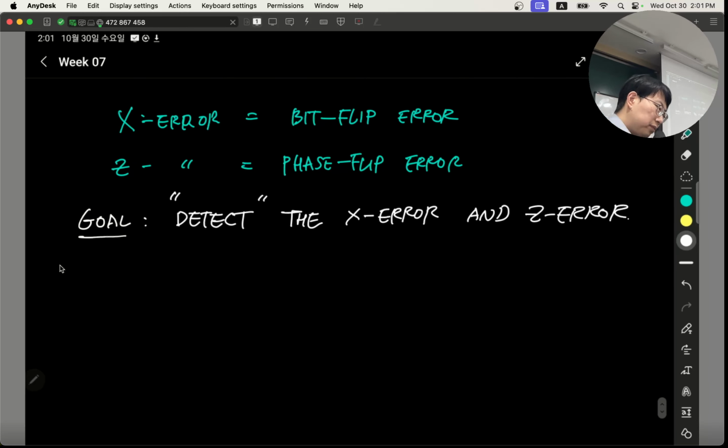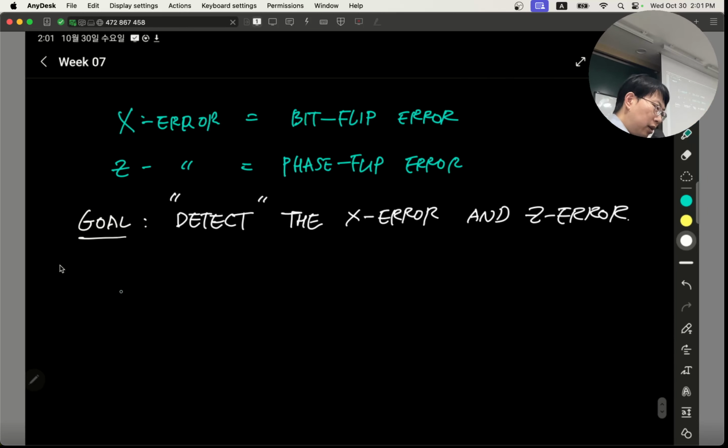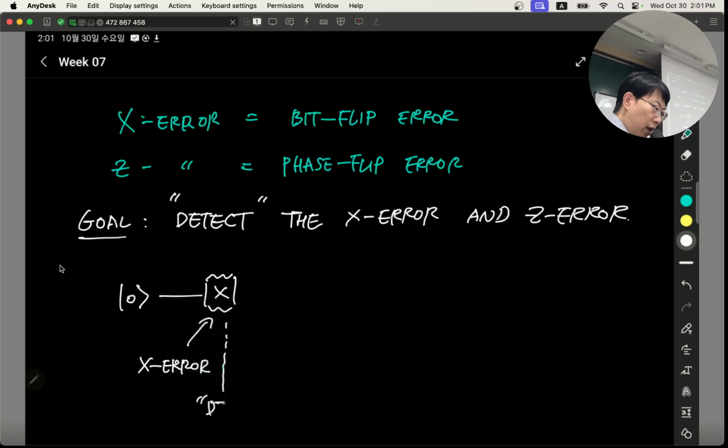So here's a simple idea of what's going on. It's important to understand the quantum error mechanism here. I'll draw the X error as a wiggly box. So this is an error, and at this point you detect an error.